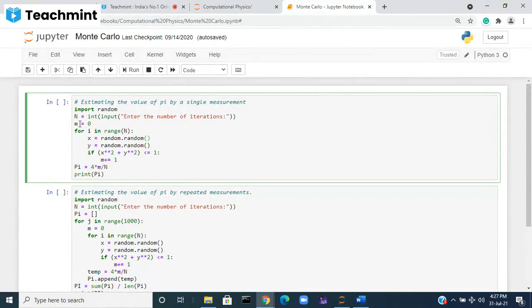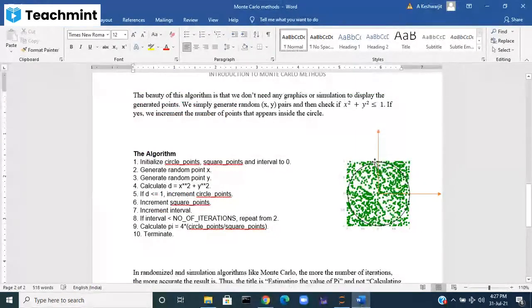I repeat, the first quadrant. I can confine myself only to the first quadrant, because of a limitation of my random module: it generates a random number which lies between 0 and 1.